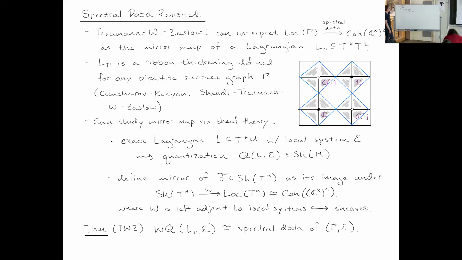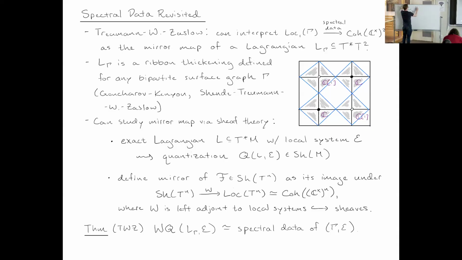So if you have a locally free sheaf, a local system, locally constant, then this will just be the zero section. So I'll say this measures the failure to be locally constant.